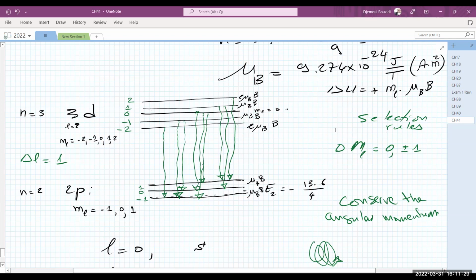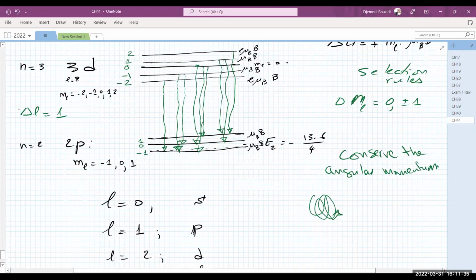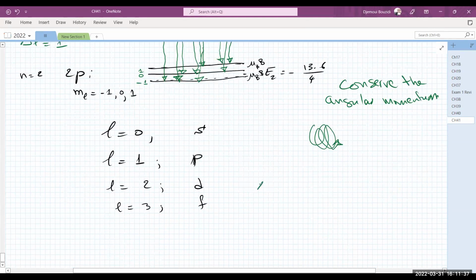At the end of the day, the selection rules are coming from these ones in here. Okay, the selection rules are going to be a little bit complicated, but it's actually easy to remember them as follows. Delta L has to be +1 or -1. -1 is for the absorption, and +1 is for the emission. And delta M, in this case, can be 0 or ±1. That is not the full story, though.